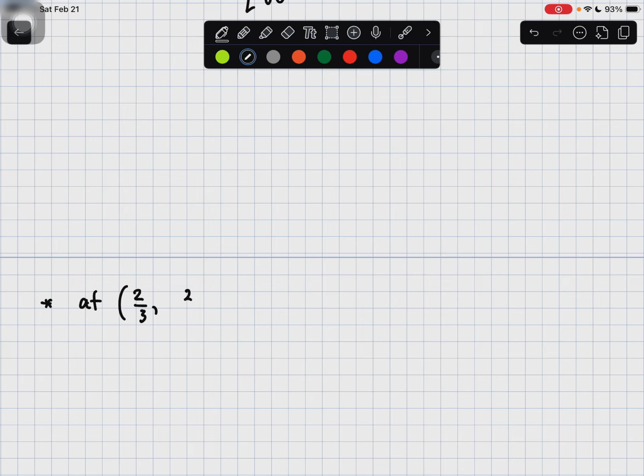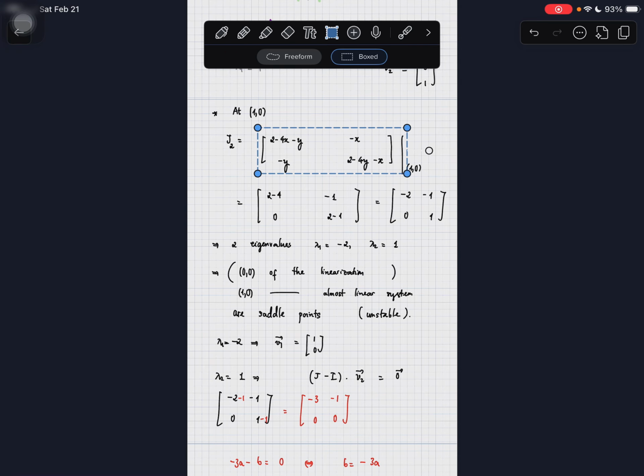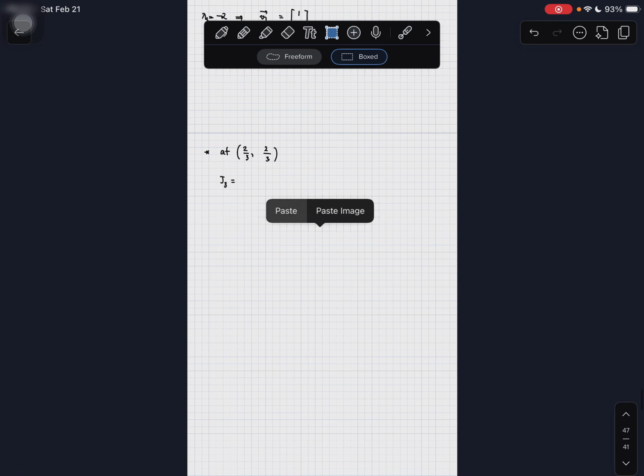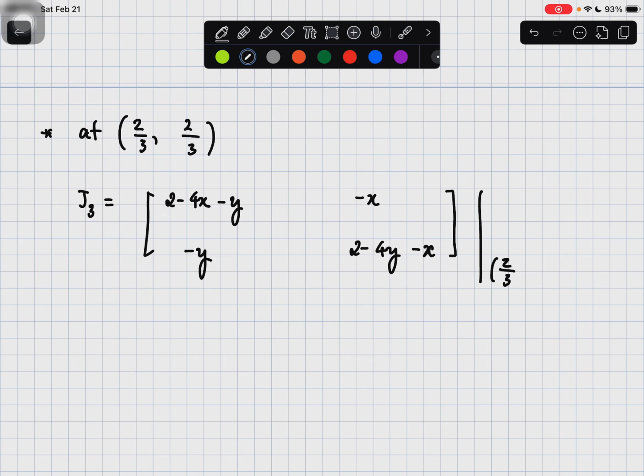We have the final critical point to compute, (2/3, 2/3). Here is the last Jacobian matrix: 2 minus 8 times 2/3 minus 2/3, minus 2/3, minus 2/3, 2 minus 2/3 minus 2/3.